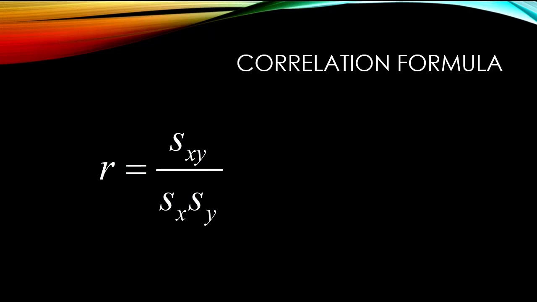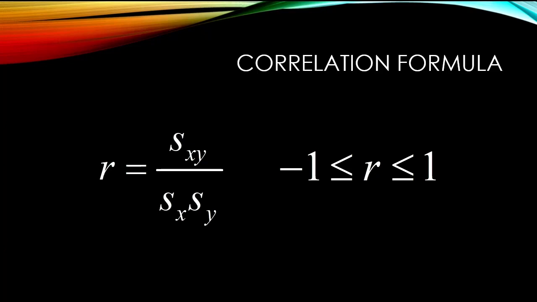Therefore, if we divide by the product of those two standard deviations, the correlation has a maximum value of 1 and a minimum value of -1. Now this makes it much easier to understand the strength of a relationship because we have a scale. The scale stays the same no matter what two variables we are studying, and there is no unit of measurement because the units of measurement cancel each other out in the formula.